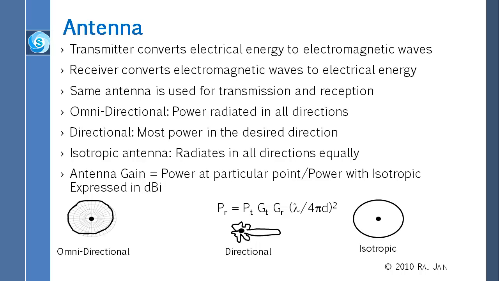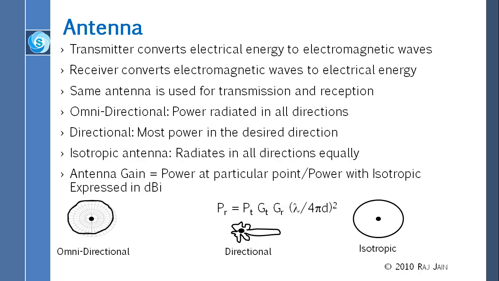Right? But generally you don't want power to go in all the directions equally, because if I'm trying to talk to him, there's no point in my sending the power in that direction. Right? So people became smarter and they started making directional antennas. And directional antennas look like this. This is the power spectrum of the directional antenna.